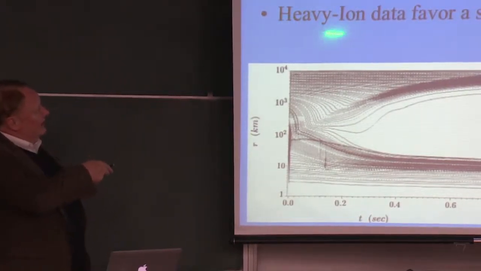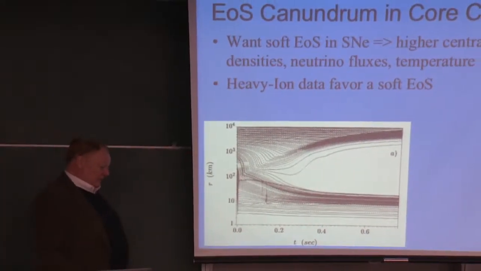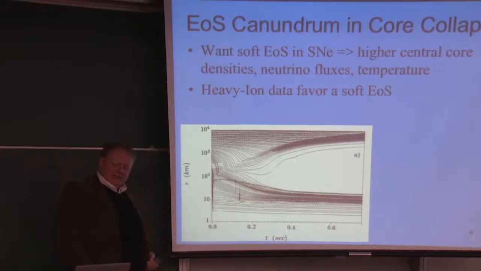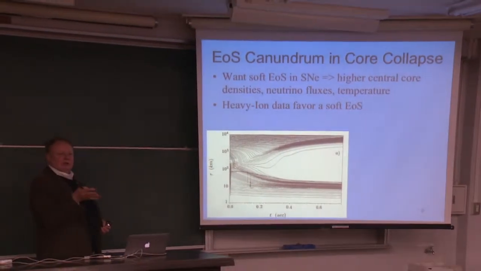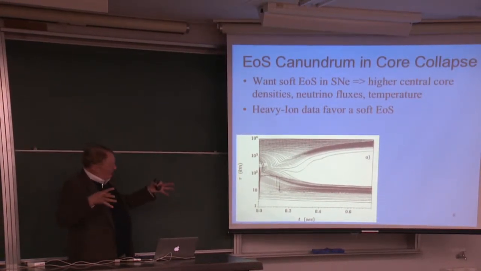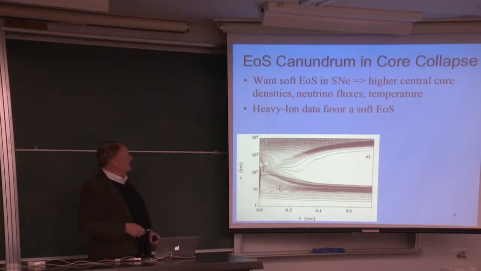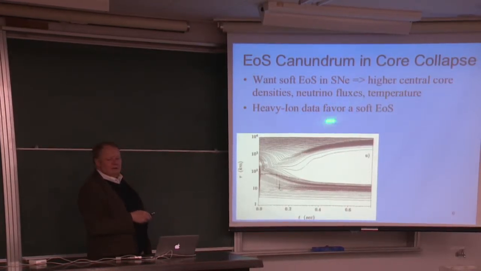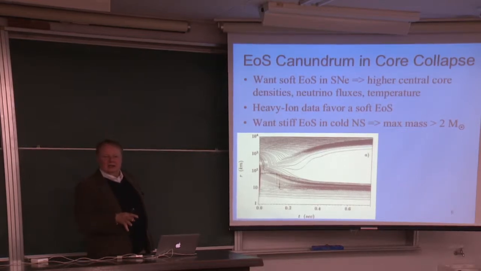Also, there are heavy ion data that look at, well, there's several different aspects, but they look at kaon production and so forth. And that production is related to how stiff, as two heavy nuclei collide, how much they resist increasing the density. And they seem to favor a soft equation of state, but that's contradictory to what you need for a neutron star.